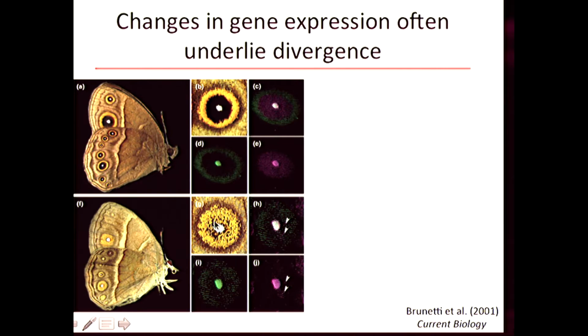So to test this hypothesis, the researchers took advantage of a mutant where the shape of the eye color was jumbled and disrupted, and then looked at the expression of these same genes in that mutant and found that the expression of those genes was similarly jumbled and messed up.